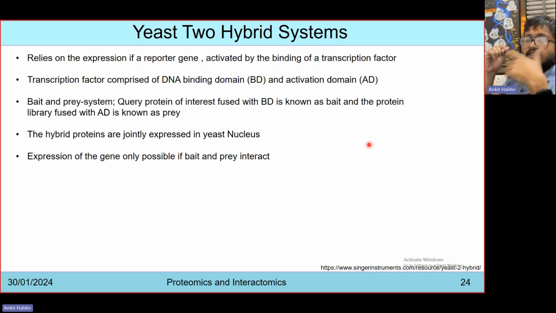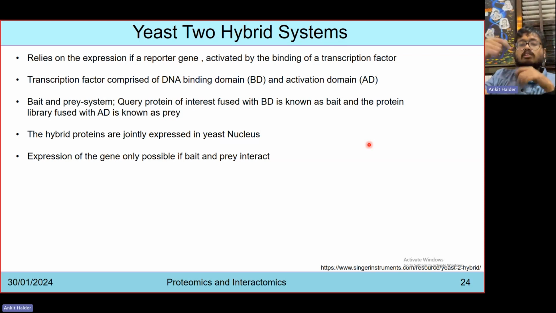For example, you have one protein attached to the binding domain, and now you are screening 10 proteins to find out which one interacts with your protein of interest. So you fuse those with the activation domain.